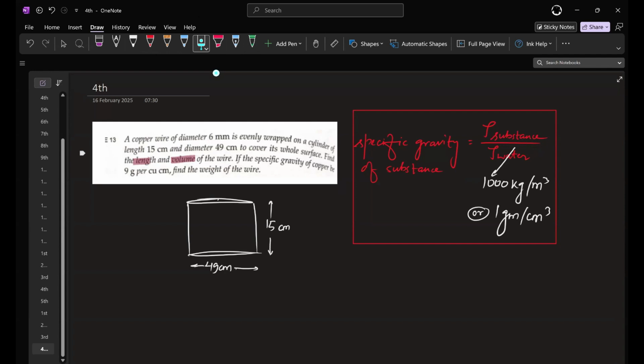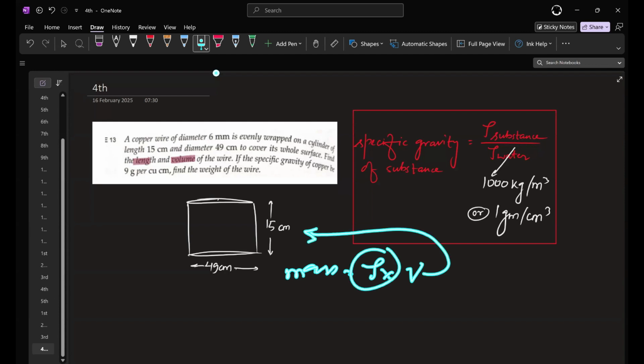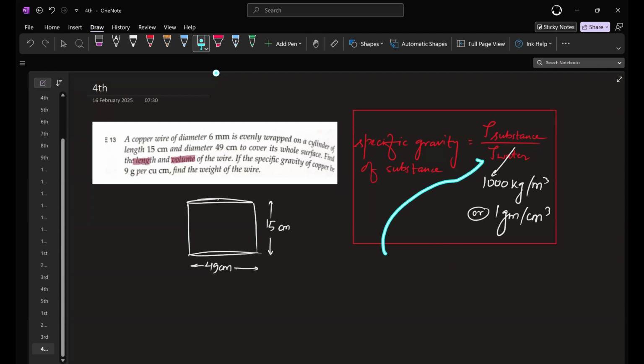No problem. First of all, we will find the length and volume of the wire, and once we have the volume, mass or weight is equal to density into volume, right? Volume we have found out already, and the density will come from this equation.